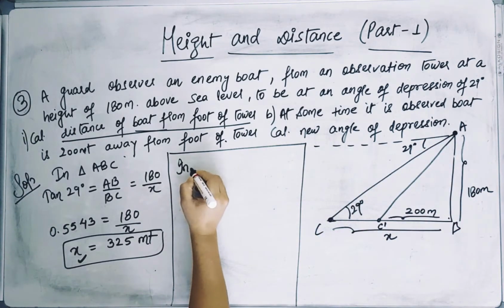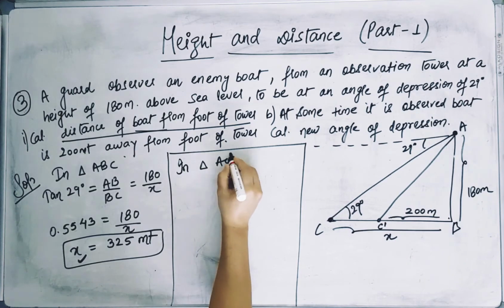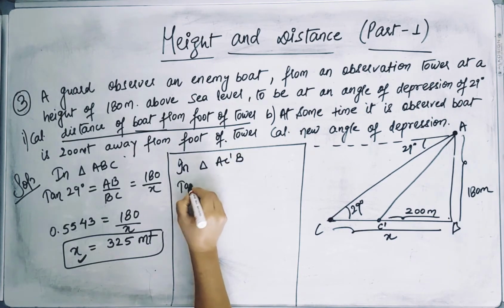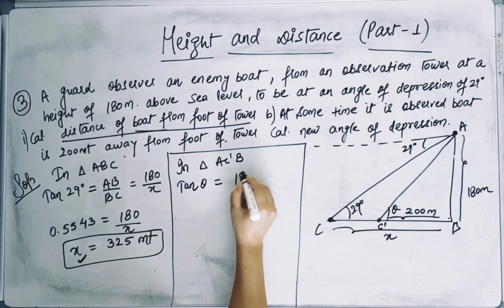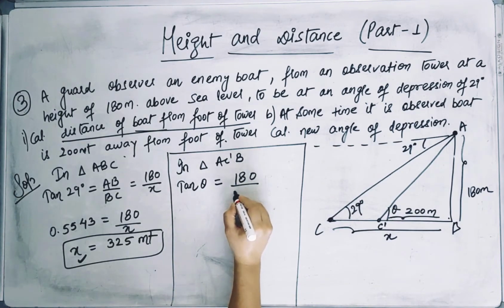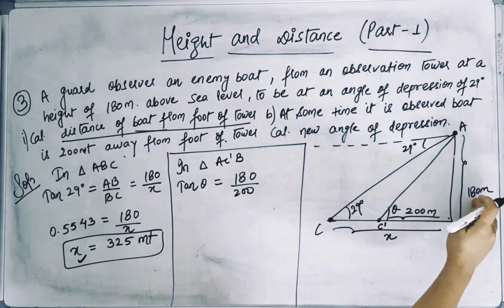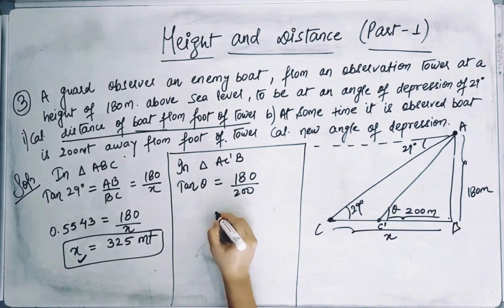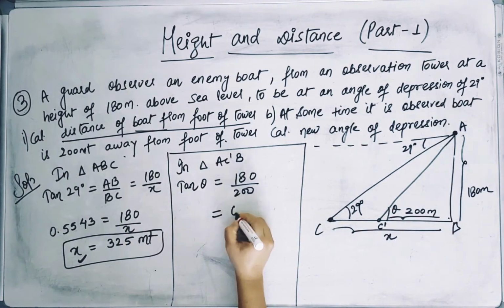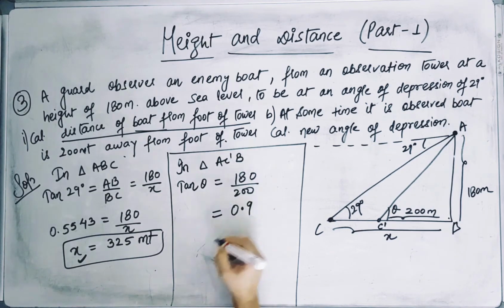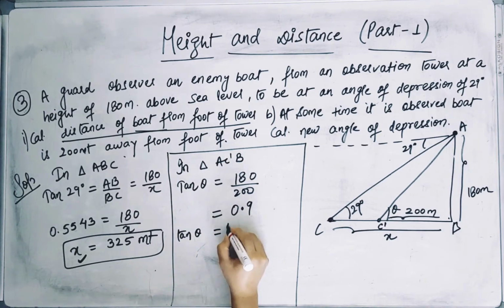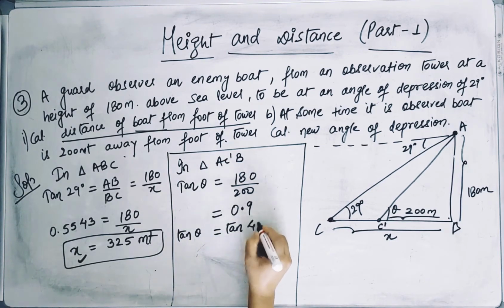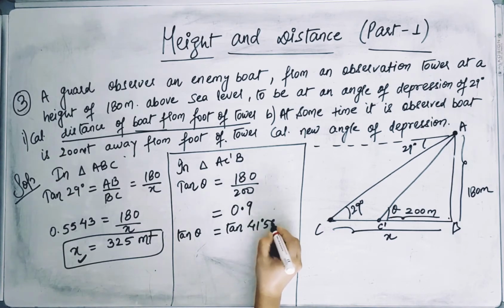So we'll again apply same in triangle ACB, tan theta, because in this case we don't know what is the angle. Tan theta is 180 by 200, because this is perpendicular and this one is base. So 180 by 200 when we'll solve it, we'll get 0.9, and this 0.9 will also be provided to you in question itself. This is the value of tan 41 degree 59 minutes.